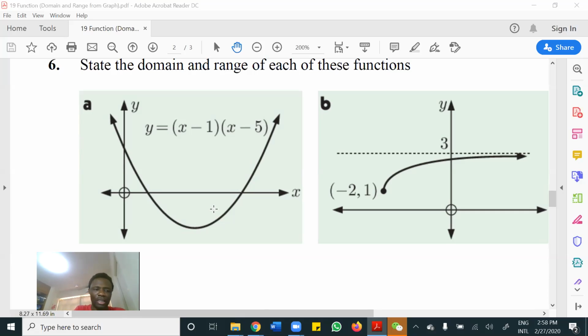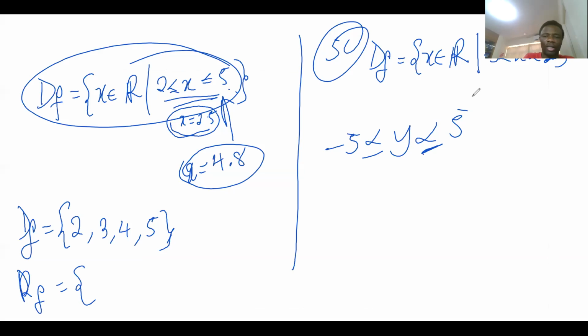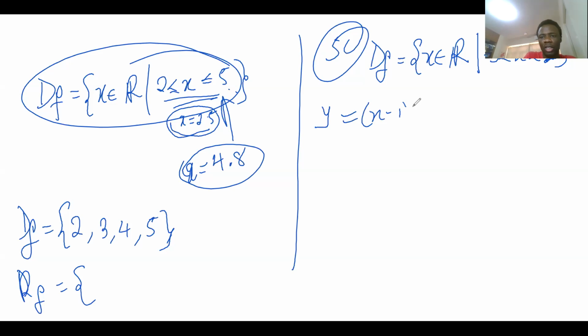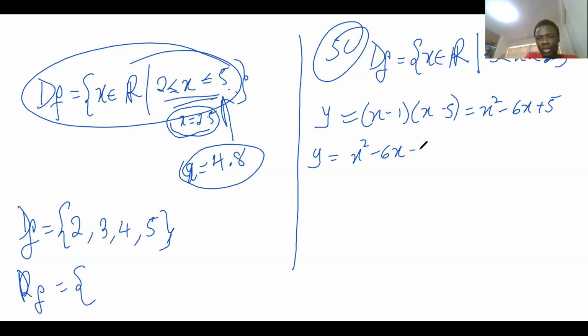Okay, so let's write that. That is y equals x minus 1, x minus 5. So Leo, this is how you can go about that. When you expand this, you get x squared minus 6x plus 5. So y will be x squared minus 6x. You're going to add something to complete the square. You're going to subtract the same thing, and you have your plus 5 standing by.